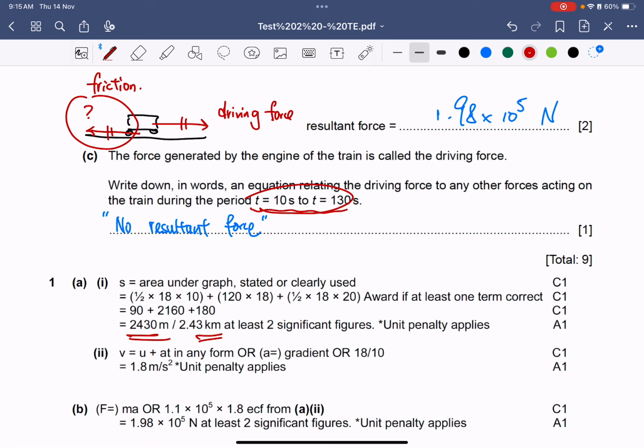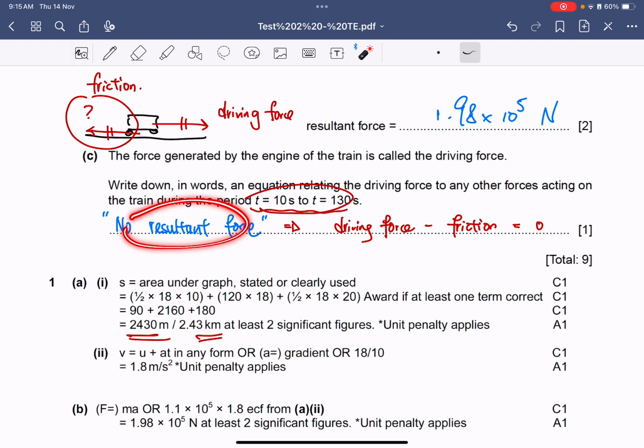So therefore, when there's no resultant force, it means that the driving force minus the friction is equal to 0, because there's no resultant force, because it's constant speed.